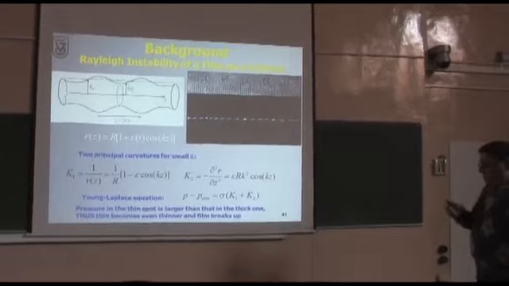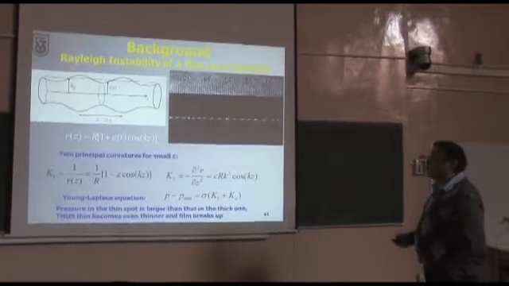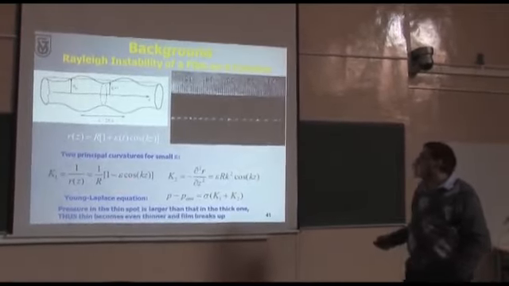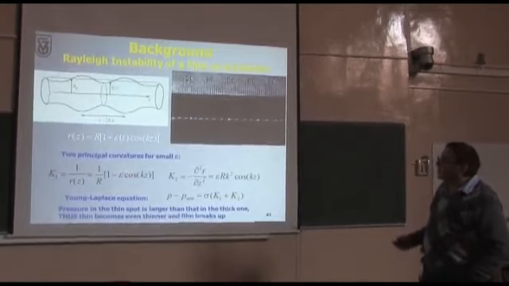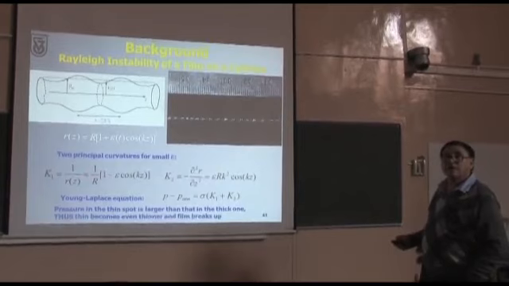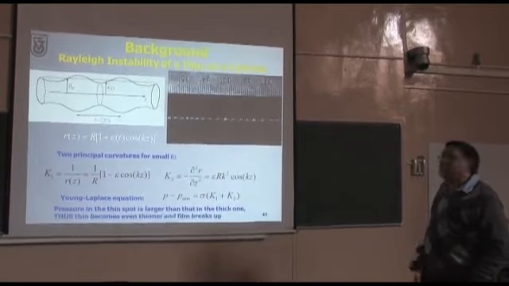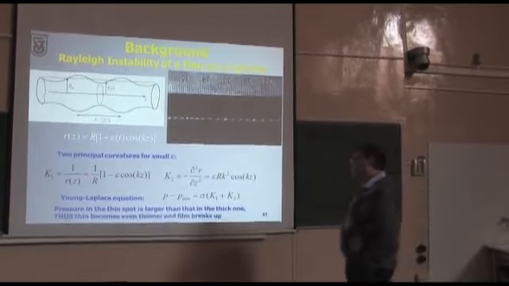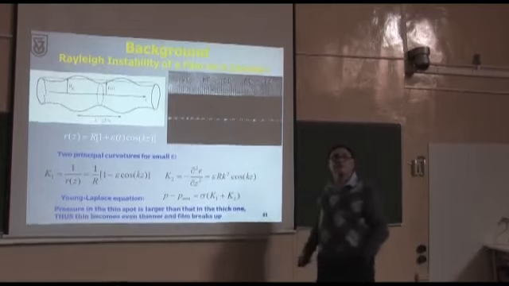Now, by the way, if you look at these two components, you realize that for small epsilon, this one is 1 over R. However, this one is order epsilon. So we have here one order of magnitude in epsilon.